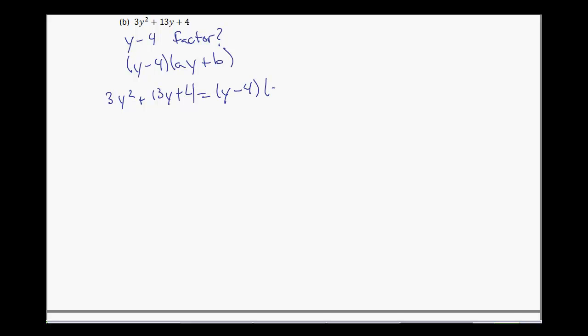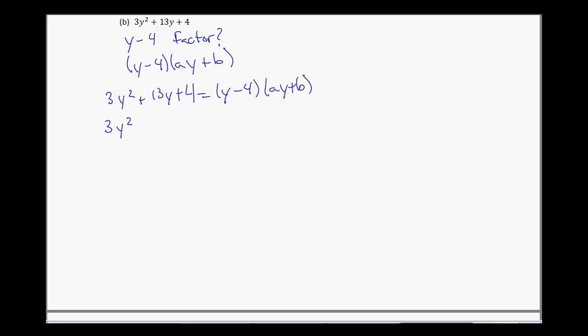So here we're still wondering if y minus 4 is a factor. So we want to know if y minus 4 times another binomial of the form ay plus b will create our trinomial of 3y squared plus 13y plus 4. So we want 3y squared plus 13y plus 4 to equal our y minus 4 times our ay plus b.